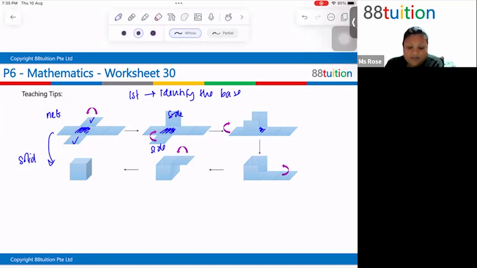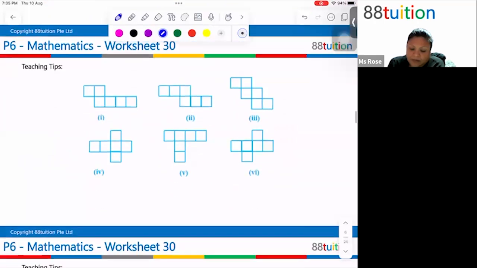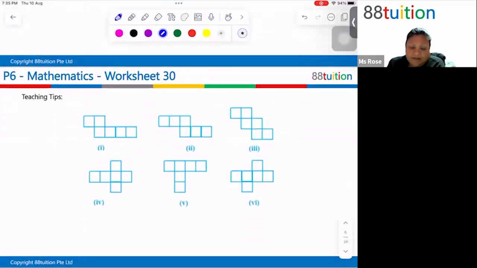Oh, sorry, this is actually the front and the back. My bad. This is the back, this is the front, these are the sides, and this is the top. You must be able to identify the shapes when you combine them into a solid. These are some examples of the net of a cube.